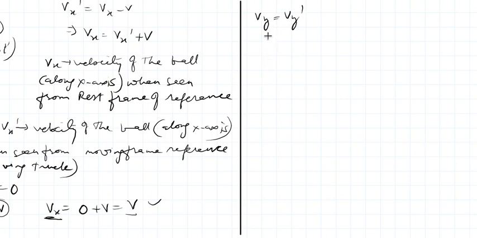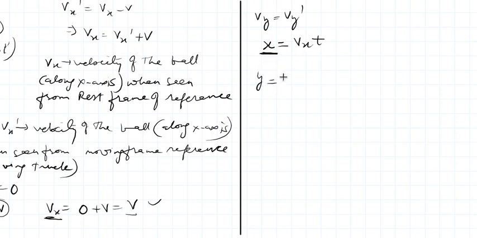When the ball is thrown vertically upward, it travels some horizontal and vertical distance, but from the moving frame of reference, its horizontal distance will be 0. There is no horizontal distance. But when seen from the rest frame of reference, there is some horizontal displacement, and x seems to be Vx t. It is the horizontal distance, velocity into time.